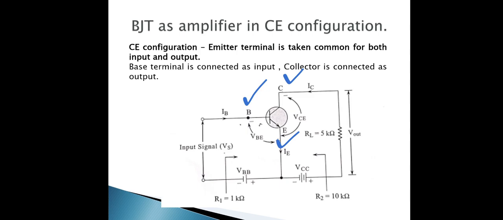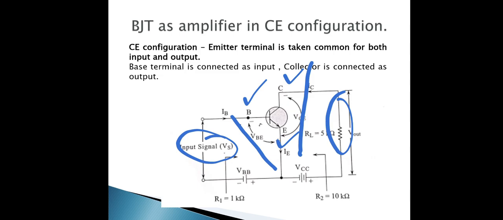The applied voltage is between the base and the emitter. That is, the input signal we apply is between the base and the emitter. The output that we want to collect, we collect at the collector and the emitter terminal, that is here.